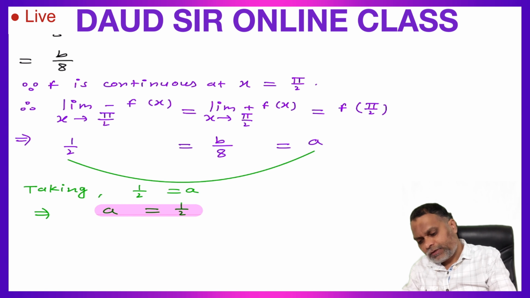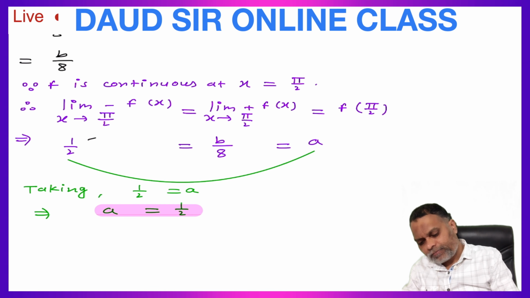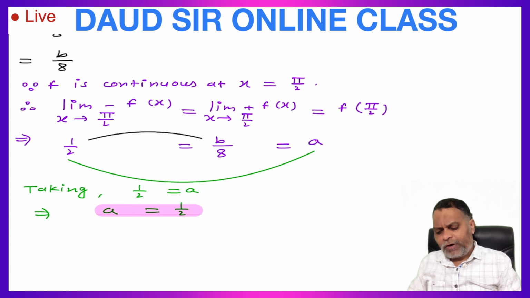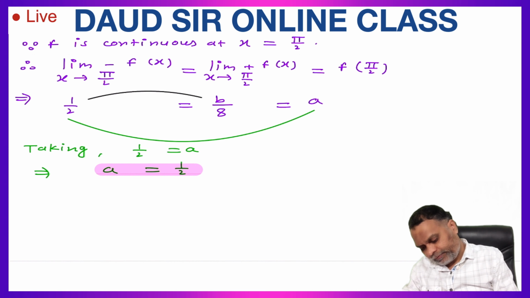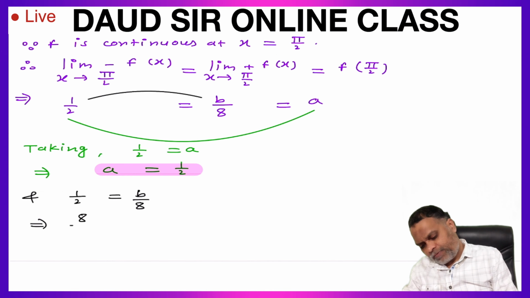And taking the other two parts, b upon 8 is equal to 1 upon 2. By cross multiplying, b is equal to 8 upon 2, which is 4, so b is equal to 4.